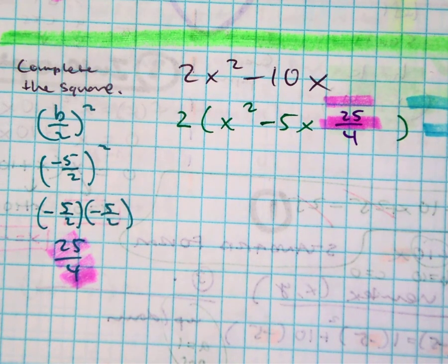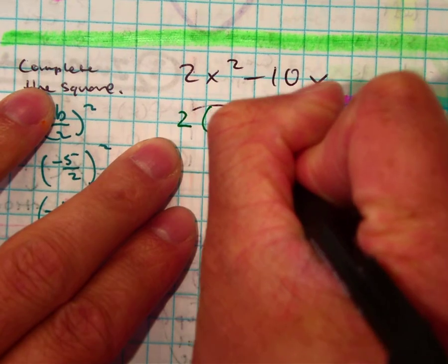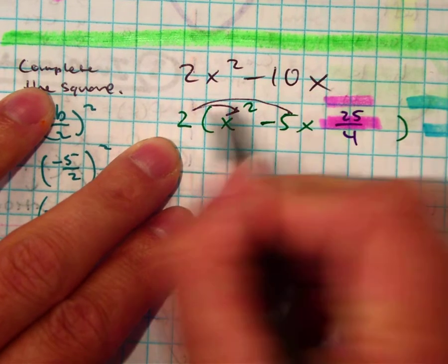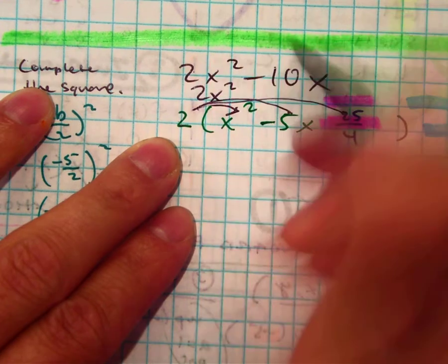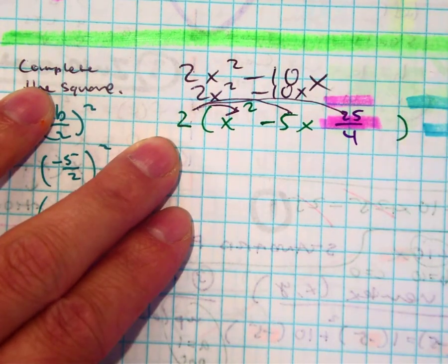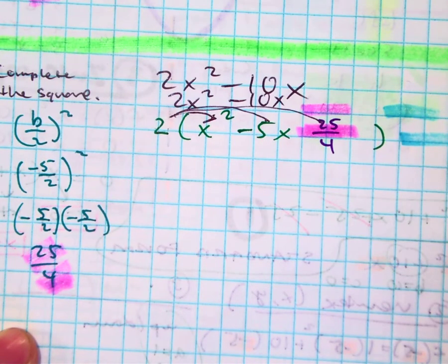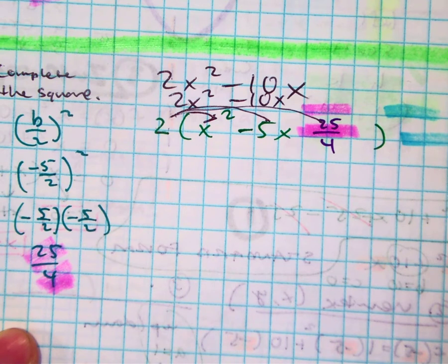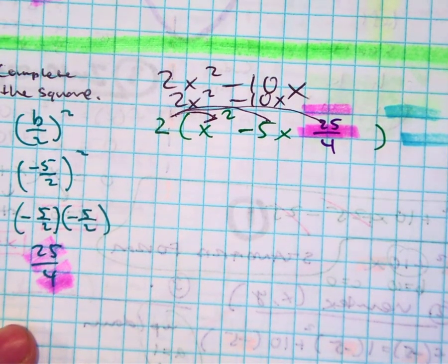The answer is no. Because if you distribute here, I get 2x squared minus 10x, but 2 times 25 over 4 is 50 over 4.